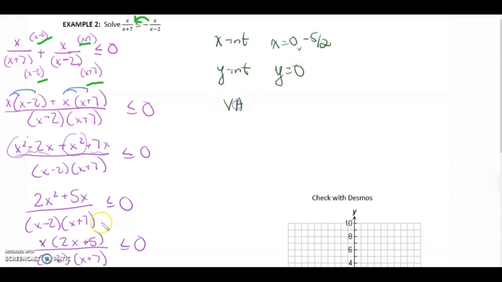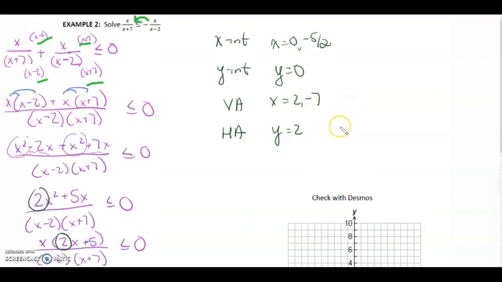The vertical asymptotes are when the denominator equals 0, so x equals 2 and negative 7. For the horizontal asymptote, we have an x squared in the numerator and an x squared in the denominator, so it's the coefficient ratio, 2 over 1. So y equals 2.